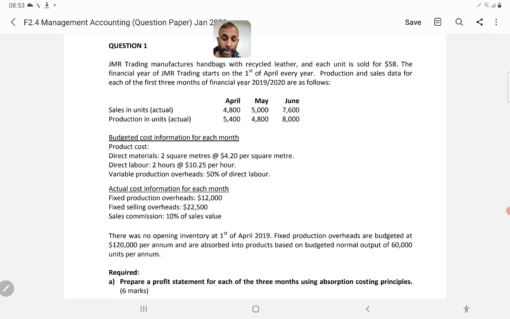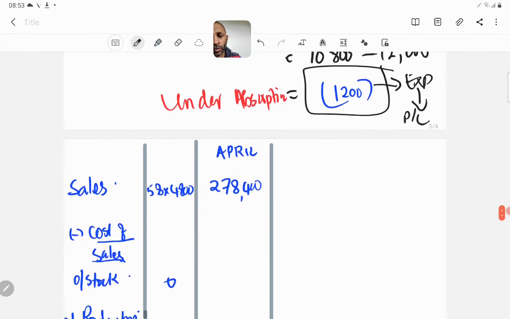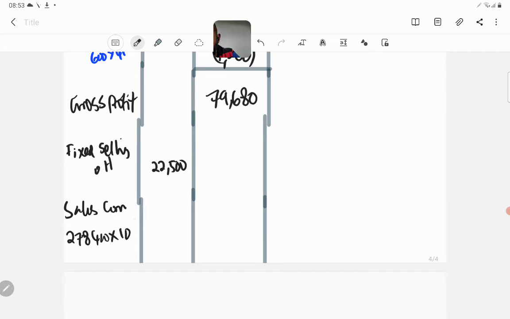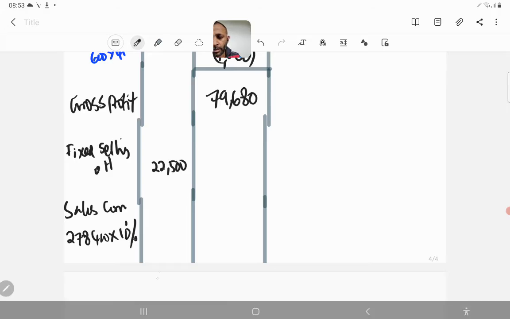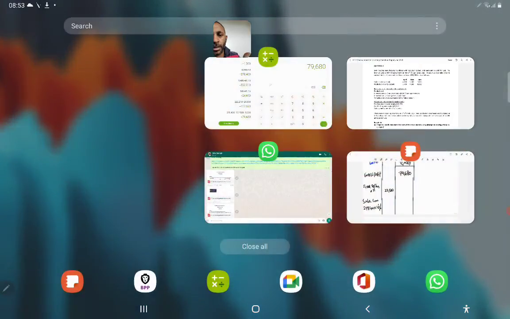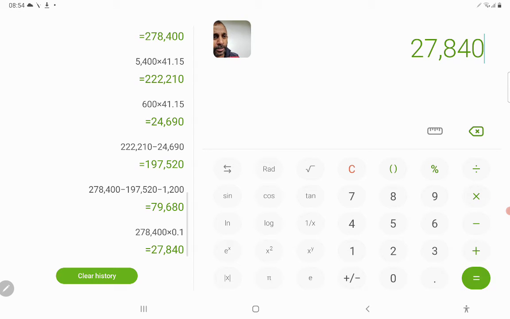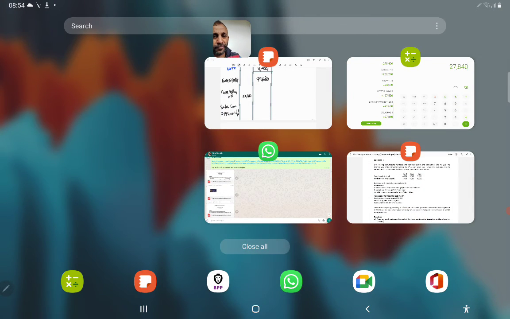Sales commission is 10% of sales value. My sales value is 278,400, so sales commission is 278,400 into 10%, which is 27,840.